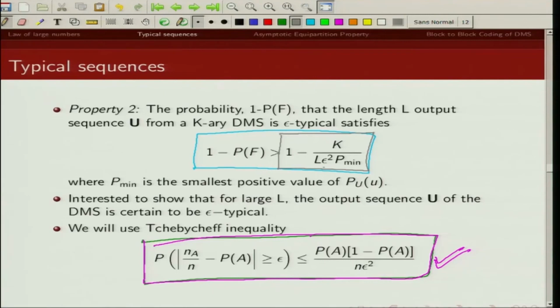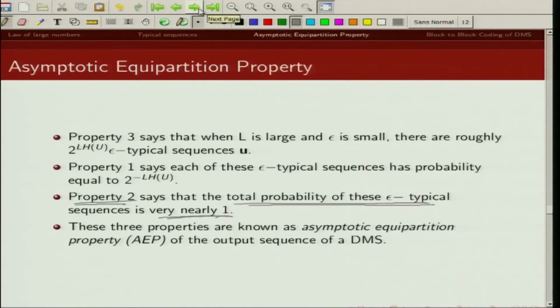Again, when epsilon is small and L is much larger than epsilon square, this term goes towards 0, so the total probability of epsilon typical sequences is nearly 1. These three properties collectively are known as the asymptotic equipartition property of this discrete memoryless source.